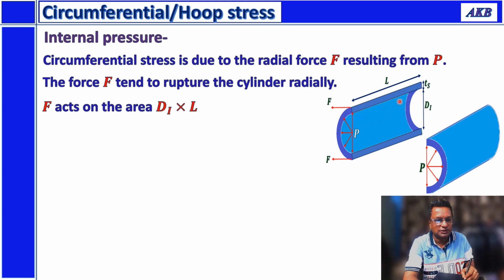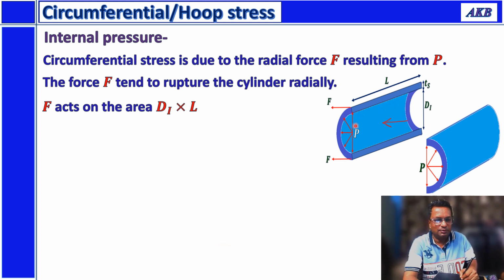This dimension is L and this dimension is the internal diameter. So force F is acting on this area, DI into L. I hope this is clear to you. So I'll just show you. Force F is acting in this direction, and for its action, the area available will be this area.